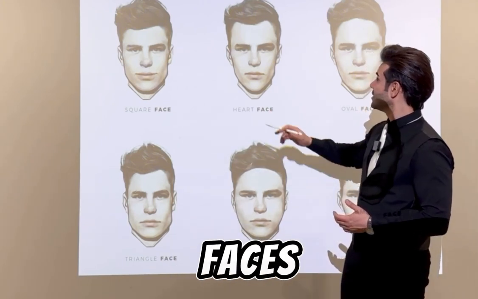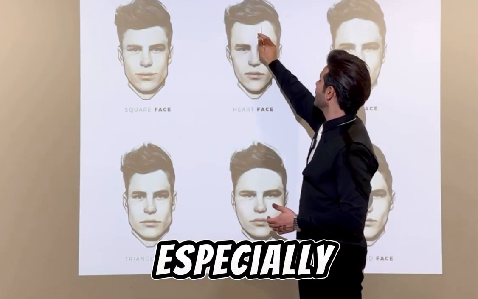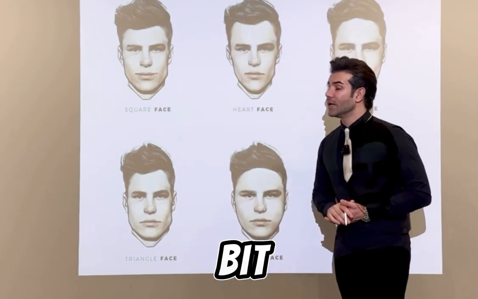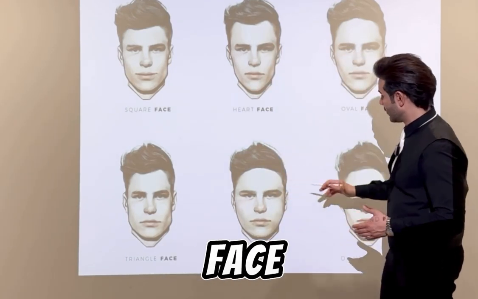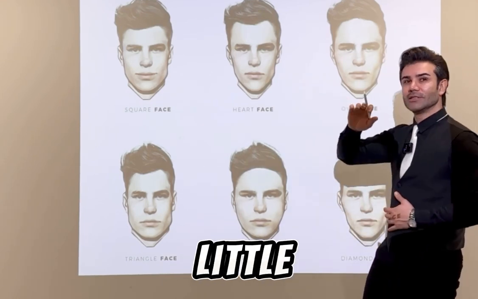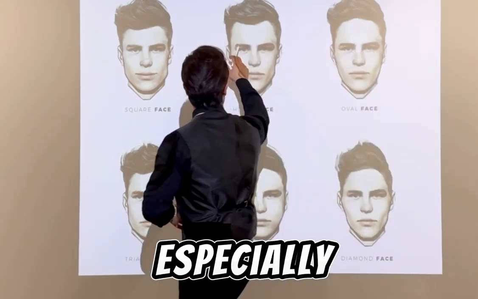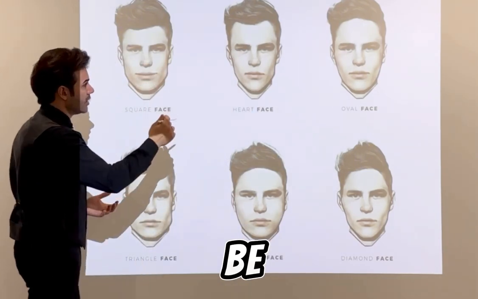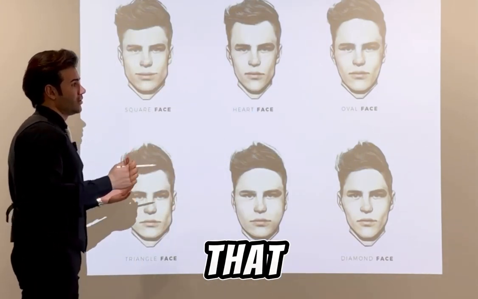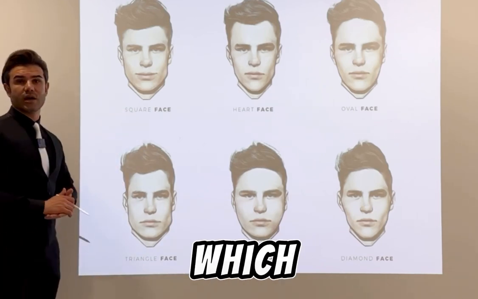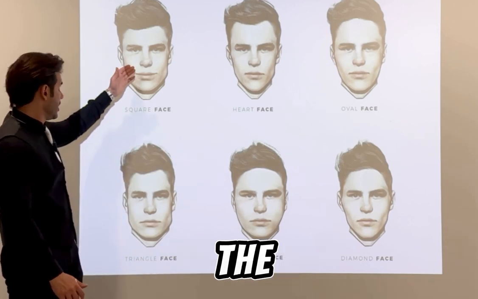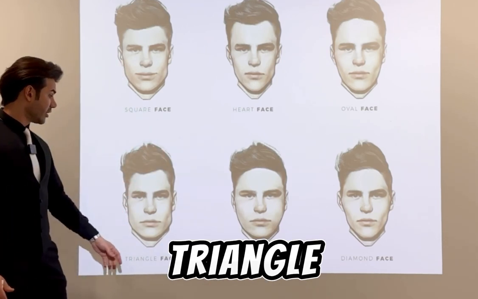Okay, and the heart face, as you can see here, especially on the forehead, is a little bit different from the other face shapes, and it looks a little bit like a heart, especially the combination of this forehead with the chin bones. And about the square face, which I really want you guys to know, because it's difficult to recognize the difference between square faces and triangle faces.